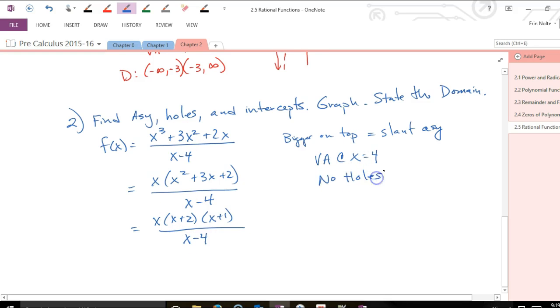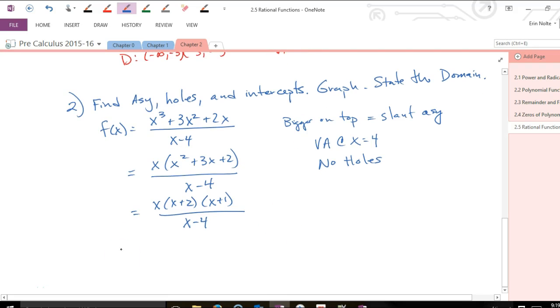Okay, intercepts. How do you find x-intercepts? Okay, to find an x-intercept, you set the y equal to 0. So if I set this y equal to 0 and solve this, the nice thing is that it's factored. The piece that's on the bottom would just get multiplied to the other side. So if I have x minus 4 times 0, that just goes away.